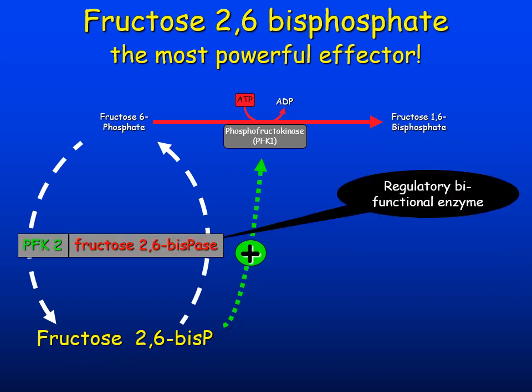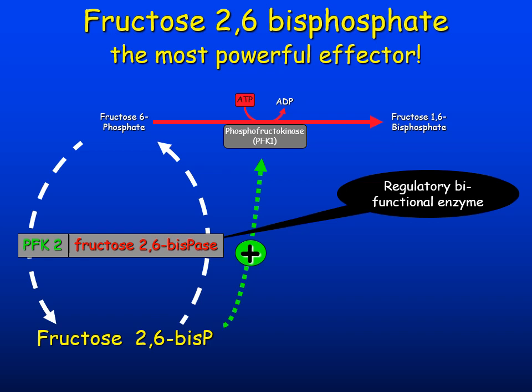And it gets made by a bifunctional enzyme. Now this enzyme has two halves. There is one half called PFK2, or phosphofructokinase 2, and its job is to make fructose 2,6-bisphosphate.